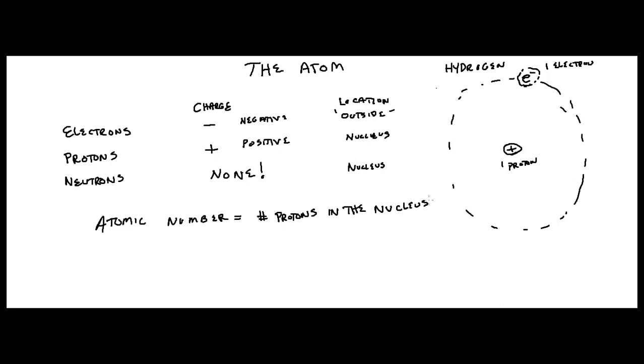Now, if the atom is electrically balanced, obviously it's also going to equal the number of the electrons, right? But you can't always count on that. But if you were given a problem and it asked you, is the atomic number equal to the number of electrons in an electrically balanced atom, you would say yes. All right?